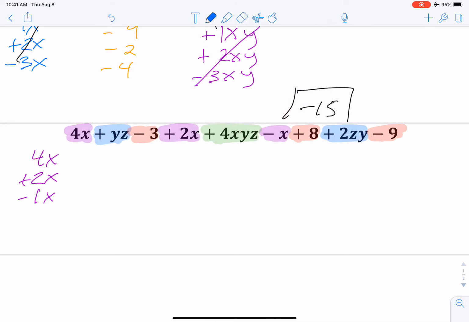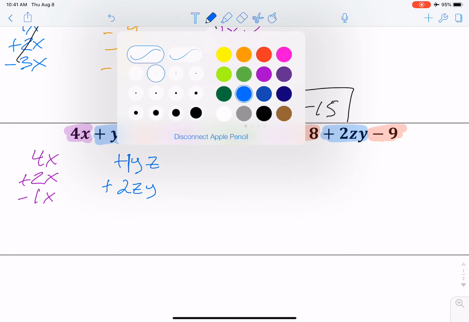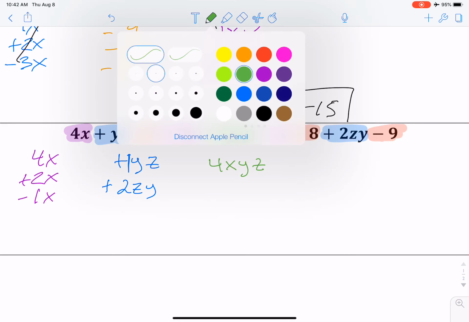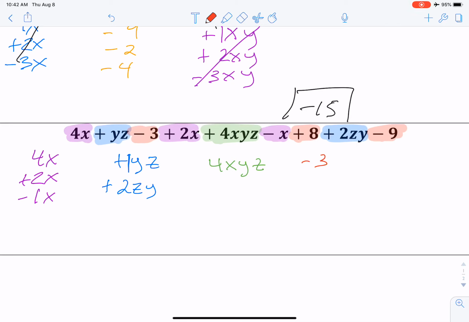Then I have a positive yz and a positive 2zy. And I'm going to go ahead and put the 1 right there. Then I have the 4xyz all by itself. And then the negative 3, positive 8, and negative 9.